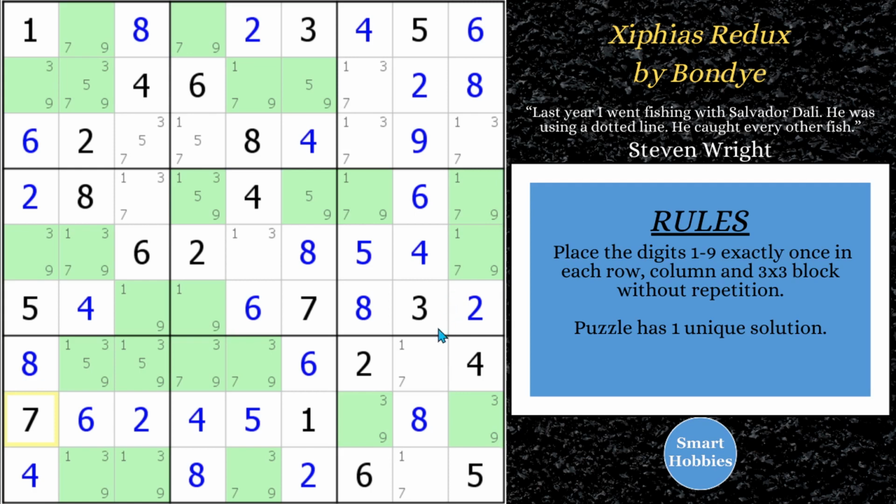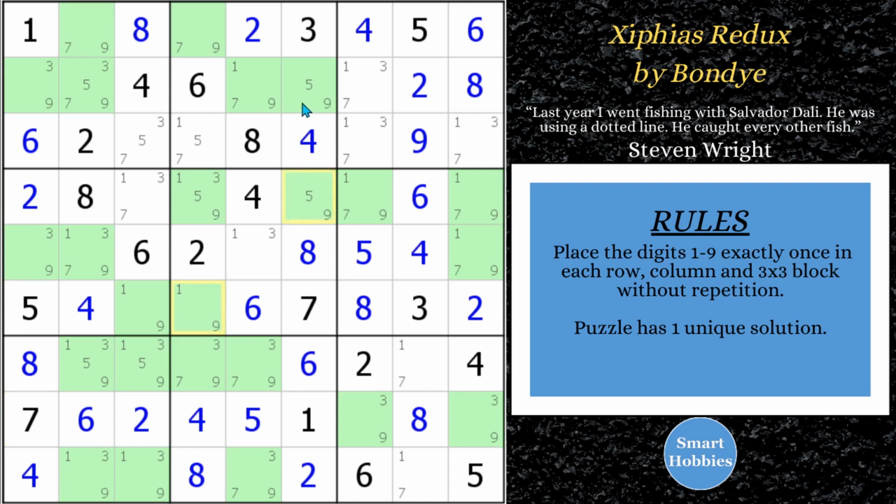And I will find it. Strong, weak, strong, weak, strong. Okay. Weak, strong, weak, strong. So there's a continuous loop that I see.